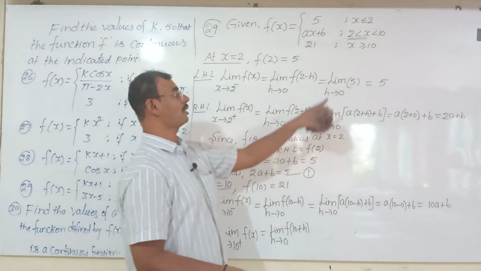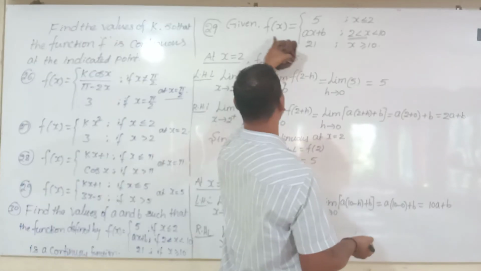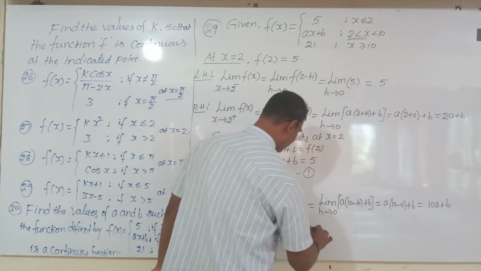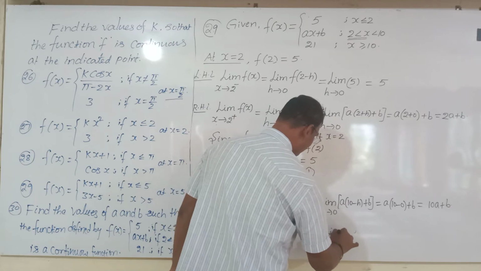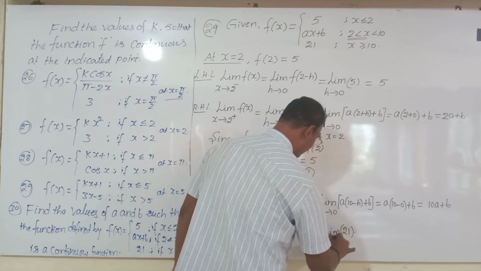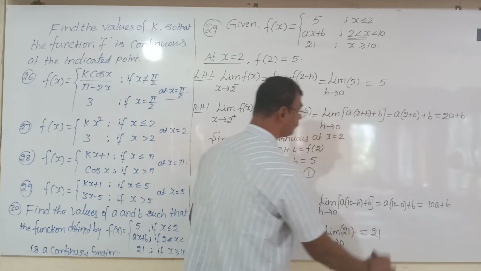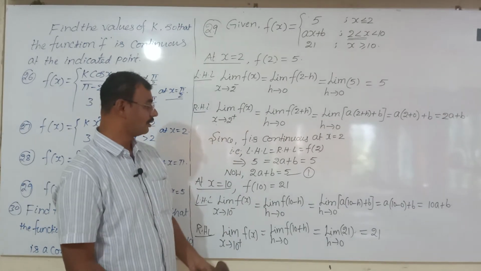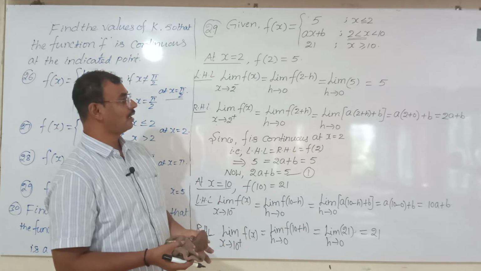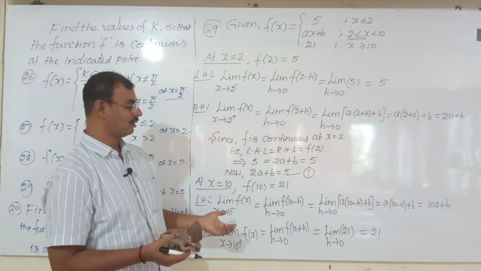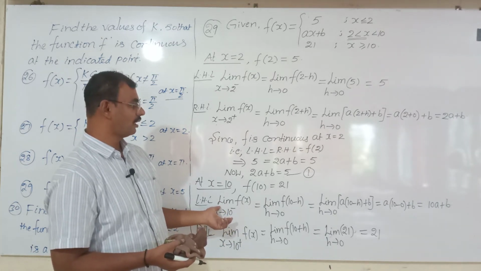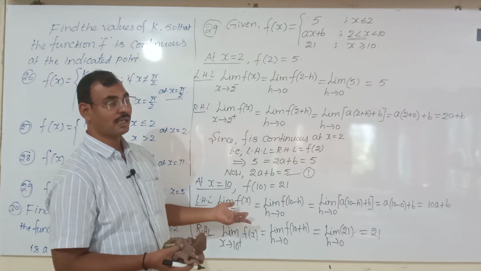When x is more than 10, what is the f of x value? 21. This equals the limit of 21 as h tends to 0. The limit of a constant will be 21.